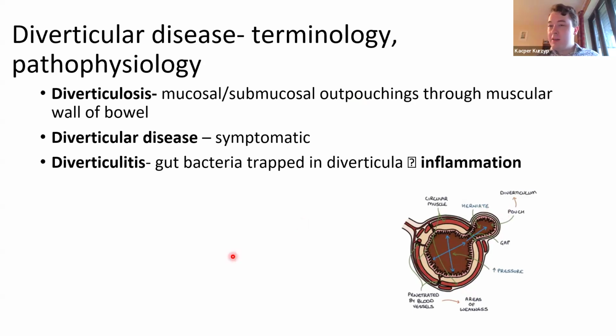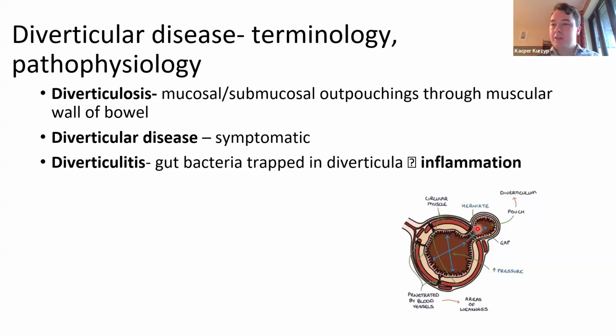Now, you can subdivide it into three different conditions. Diverticulosis simply means that diverticula, or these outpouchings, are present in that person's bowel. It is very common, especially in the older population, and if it's diverticulosis, it's most likely an incidental finding on imaging done for whatever other reason.